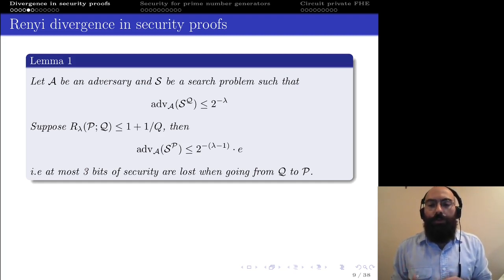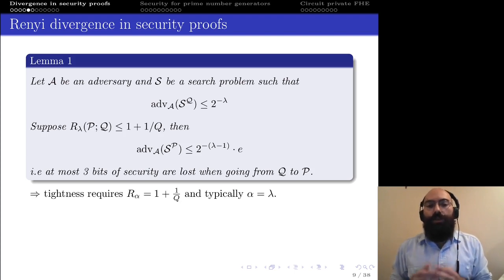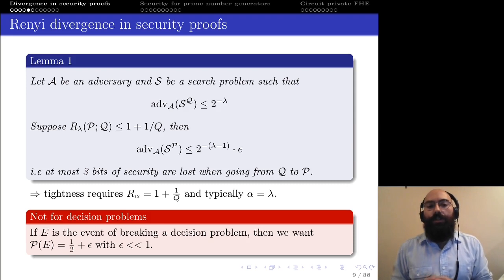So in practice, when we use Renyi divergence for security proofs, we ask for tightness, so we require that the Renyi divergence is of the order of 1 plus 1 over the number of queries, and that alpha is equal to lambda. Now I want to emphasize that this only works for search problems.